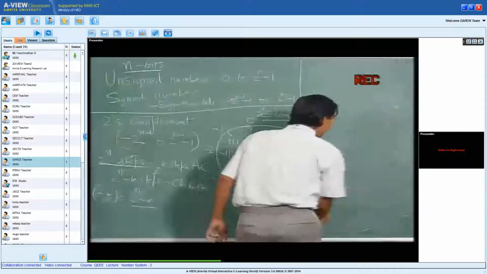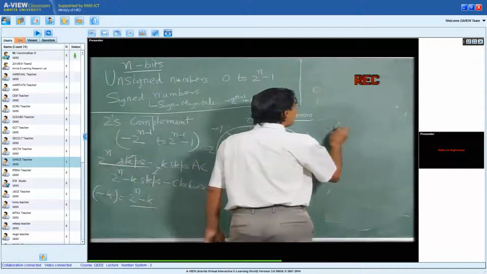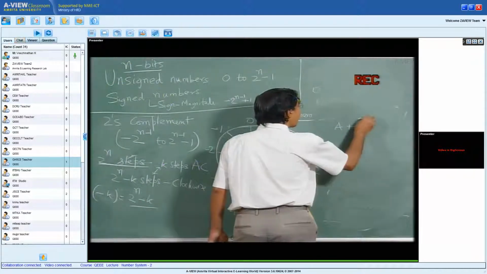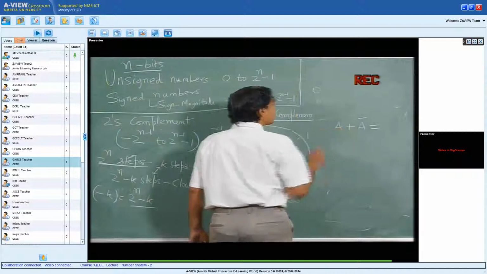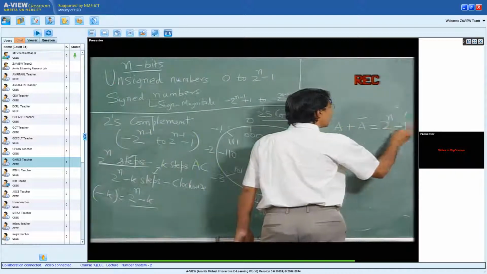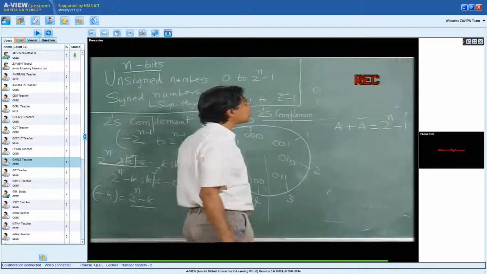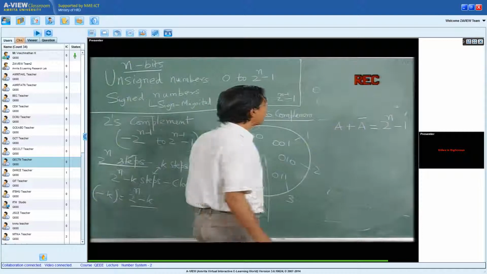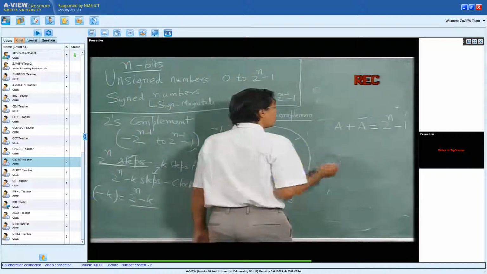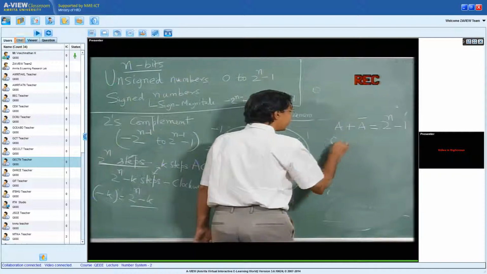If I take a number and complement it and add it, suppose A is an n bit number, A plus A complement is 2 power n minus 1. Why? Suppose I take any number, say 3 for example.